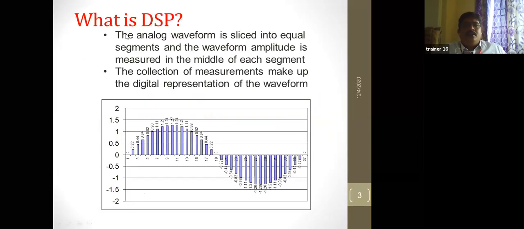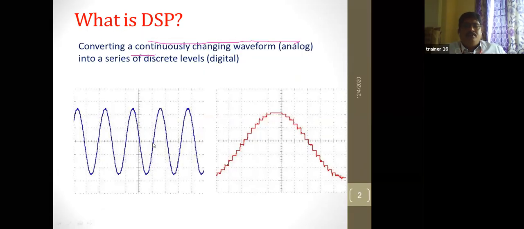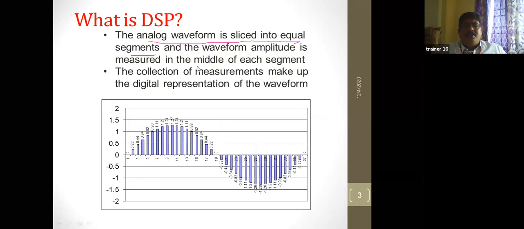And see here, the analog waveform is sliced into equal segments. This is the analog waveform. What is the next step? This analog waveform is sliced into equal segments, like this. These are the equal segments.